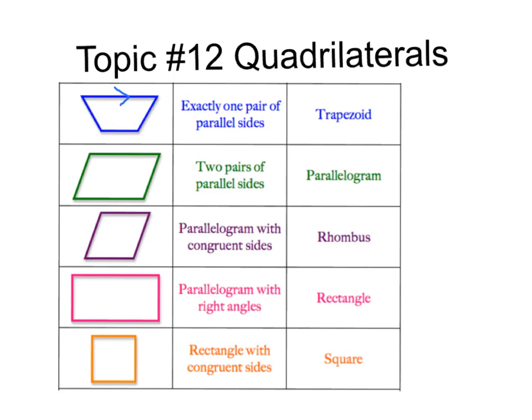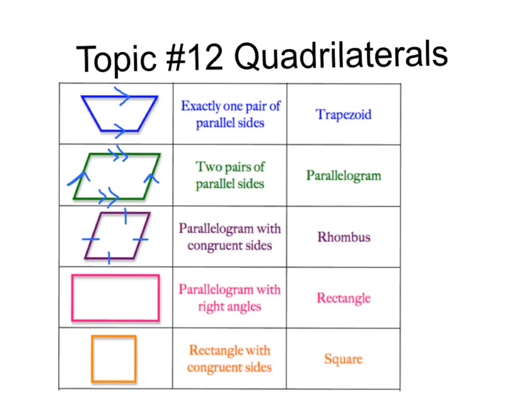Just going over the basics, a trapezoid has two sides that are parallel, or one pair of parallel sides, while a parallelogram has two pairs of parallel sides. If it's a parallelogram with congruent sides, it's called a rhombus.